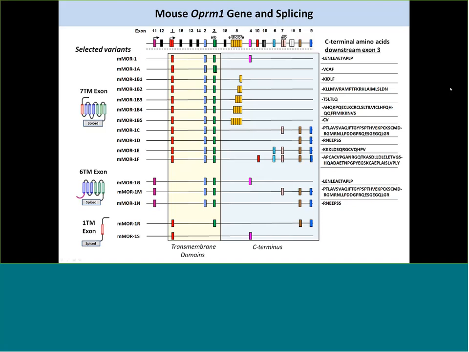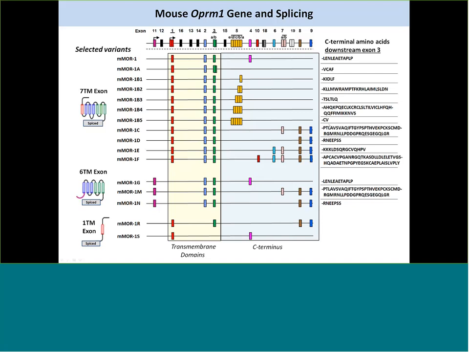With the 7-TMs, what you can see is that exon 4, which has 12 amino acids, as you can see over here, is replaced by various different combinations of exons, each of which has a totally separate and different amino acid sequence.